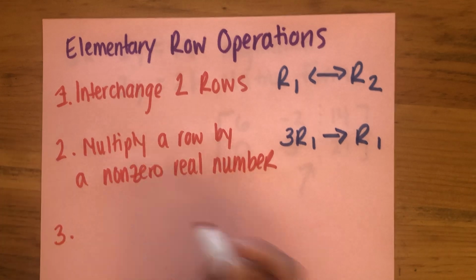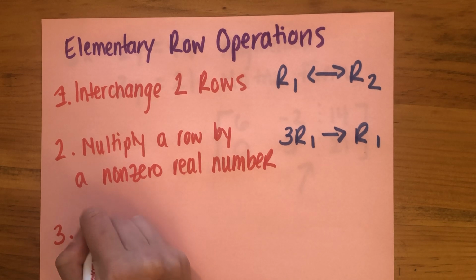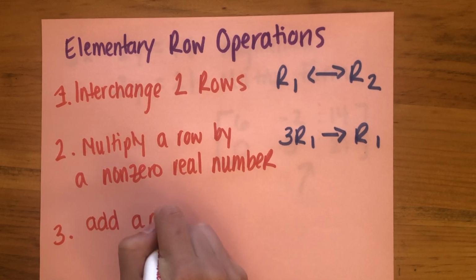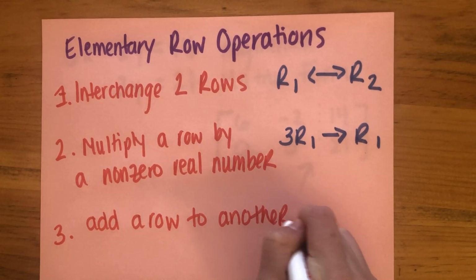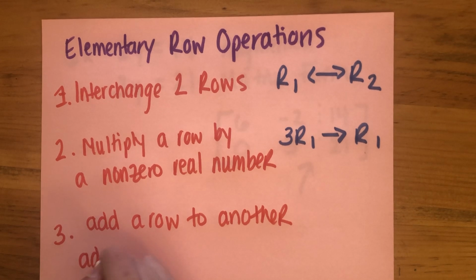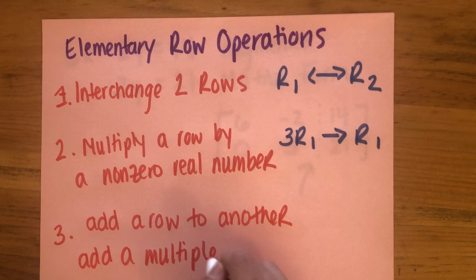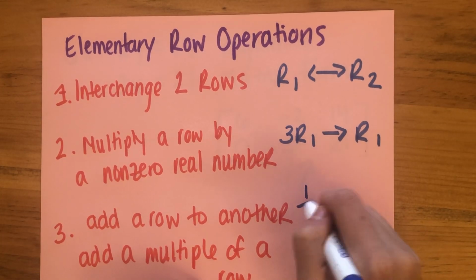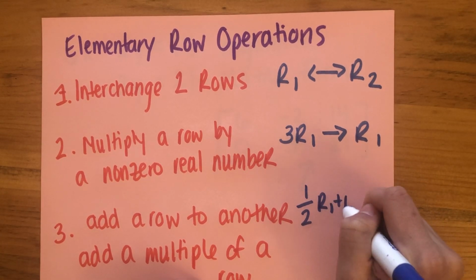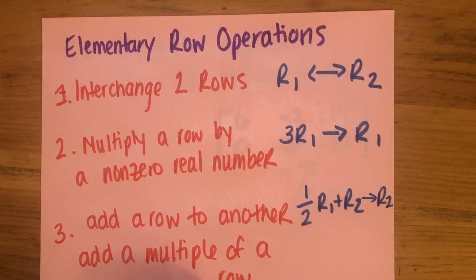And then our last operation is we can add a row to another, or add a multiple of a row. And so how we would denote that is we would say, what if I wanted to do 1/2 of row 1 plus row 2, and we're going to keep it in row 2.